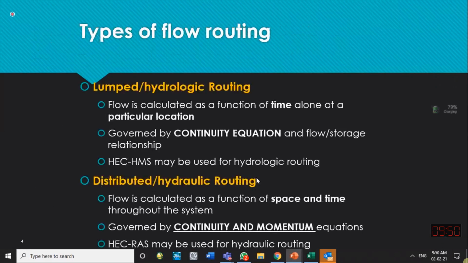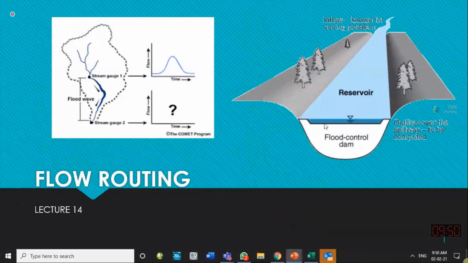If I show you the channel, when the flood increases over here, it increases its level. So a slope is created within the channel. The water level will be higher at the upper place and lower at the lower place. So a prism of storage will be created within the channel, in the upper part of the channel.